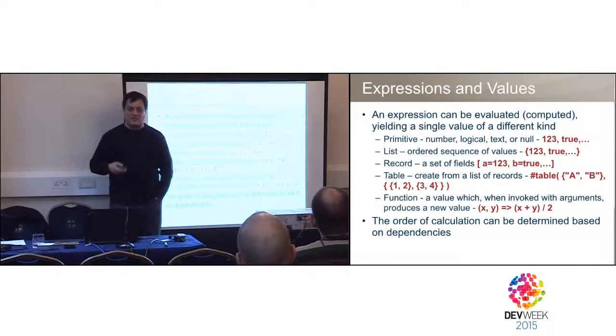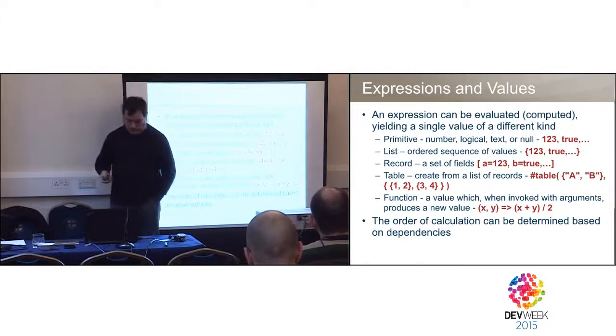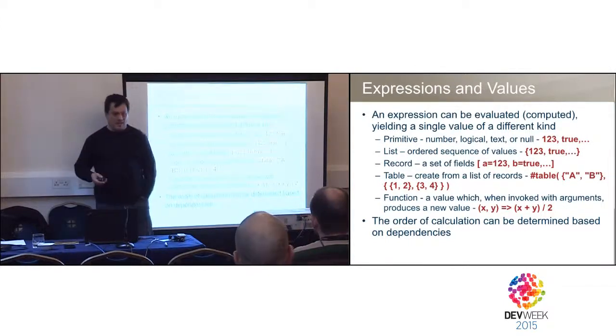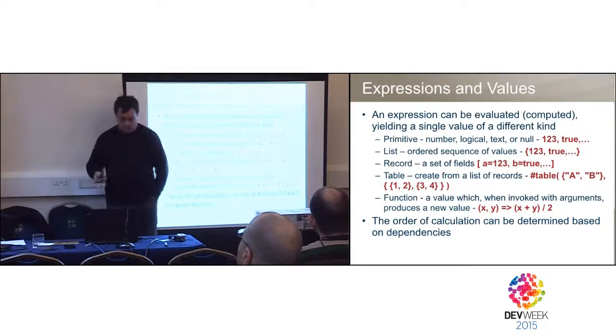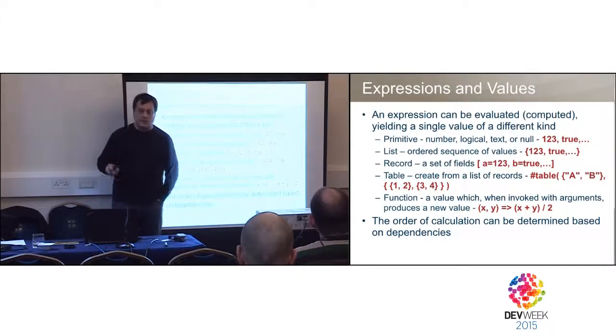And again, this is not a relational table. It's still ordered, so you can still refer not just by column names, for example, but also by column positions to get the value. And you can create a custom function, which can accept arguments and return either a scalar or a more complex value. The order of calculation is determined automatically.